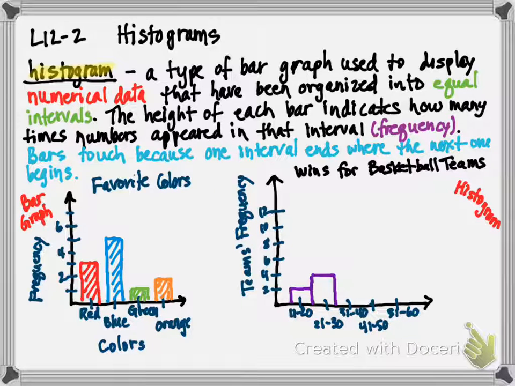And there were 4 teams that scored 31 to 40 wins. And there were 10 teams that scored 41 to 50 wins. And there were 8 teams that scored 51 to 60 wins.